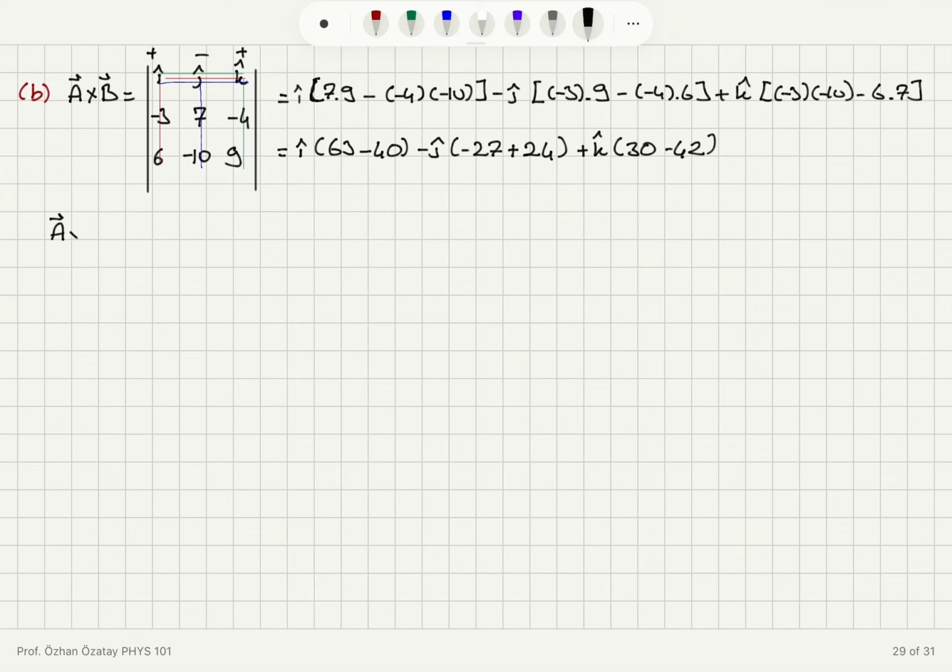So I see that A cross B is 23 i hat, 63 minus 40, plus 3 j hat, minus 27 plus 24 is minus 3, minus minus becomes plus, and 30 minus 42 gives me minus 12 k hat. Next, I have to calculate the magnitude of A cross B. The magnitude of A cross B is the square root of 23 squared, 9, 144, 12 squared.